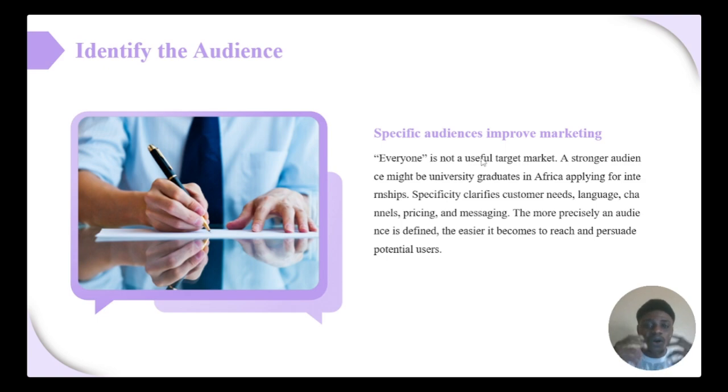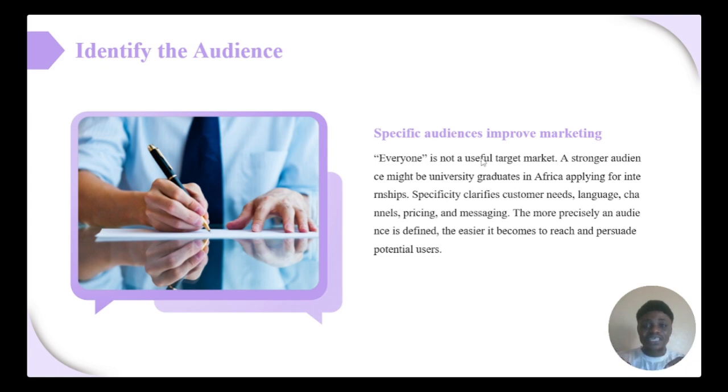A stronger audience might be, for example, still on the resume, right? A stronger audience might be university graduates in Africa applying for internships. That is an audience. That is who we are creating a product for, for example. So it clearly shows who this target audience is.